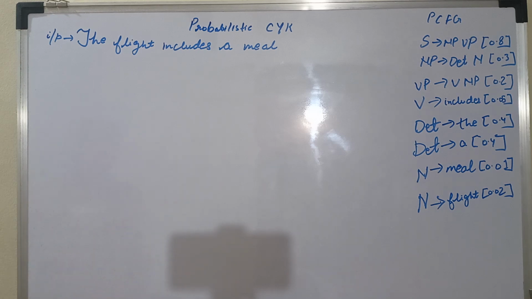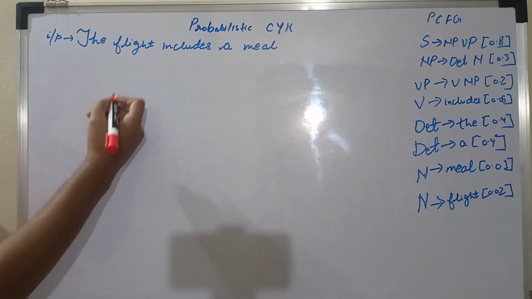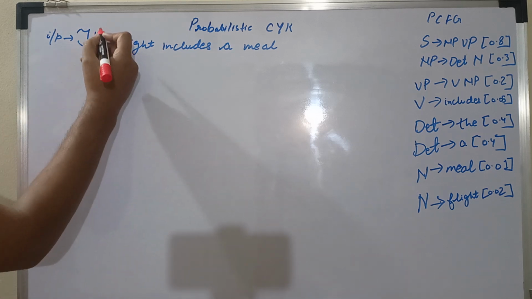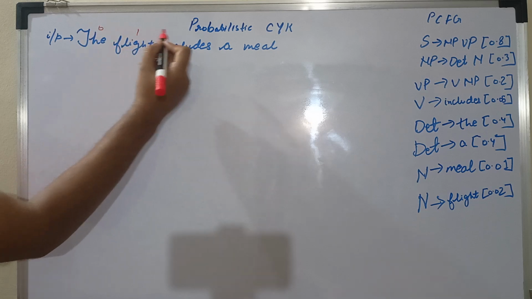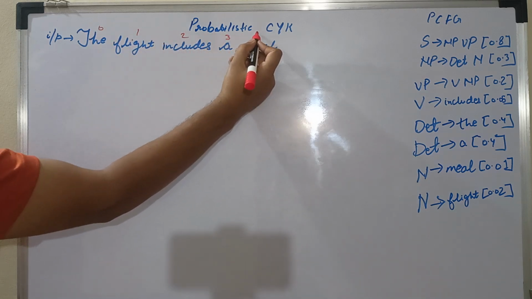So assume we have been provided a sentence, the flight includes a meal, and we have to use the probabilistic CYK algorithm. Why? Because we have been provided a PCFG, which has some probability for each of the production rules. So the process remains the same. We just need to generate a matrix as we had done previously. We count the number of words present in the sentence and name the positions 0, 1, 2, 3 and 4.